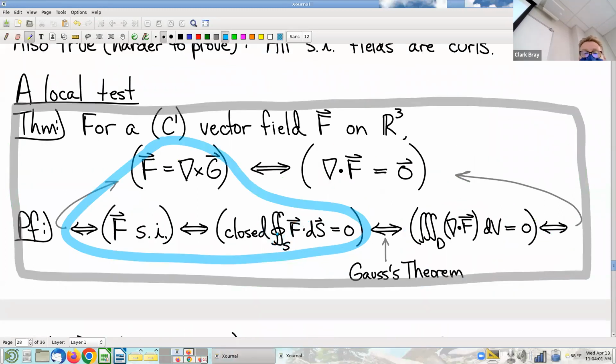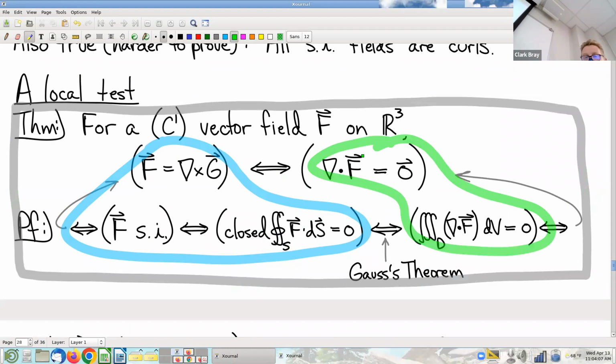And then here are some statements about divergence that I think are pretty believable. Divergence is zero is the same statement as all possible triple integrals of divergence being zero. Just ask yourself, what integrand could possibly have the feature that no matter what the domain is, the triple integral is always zero? I claim zero is the only such thing.